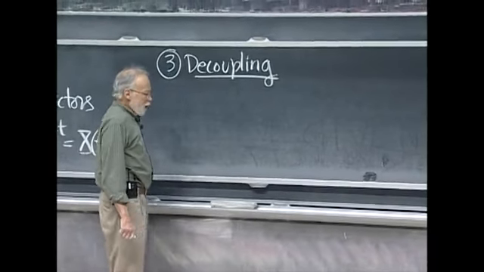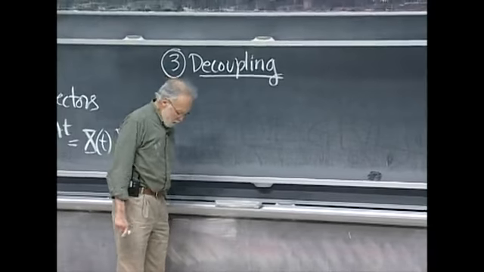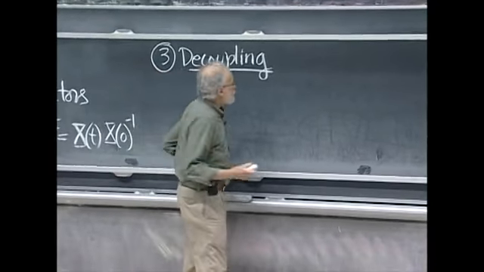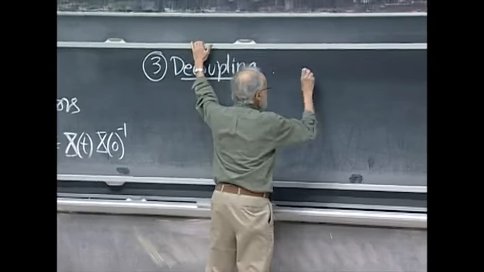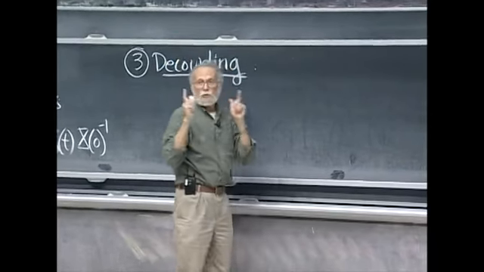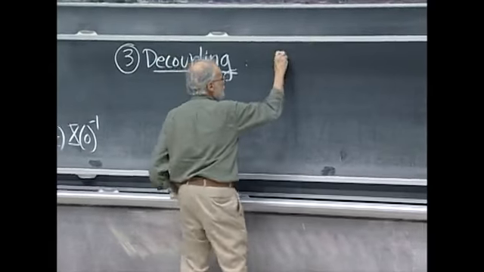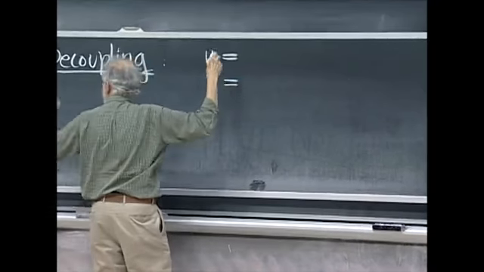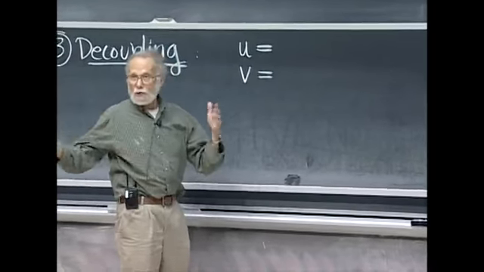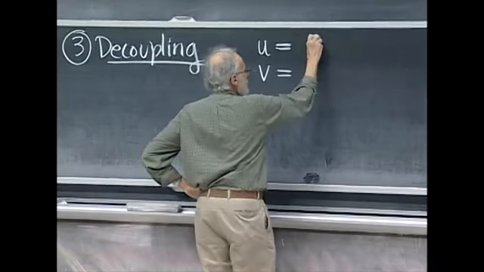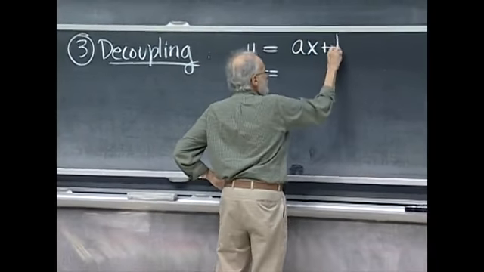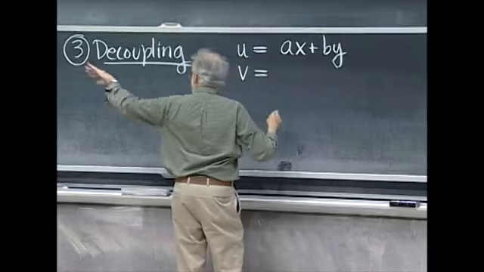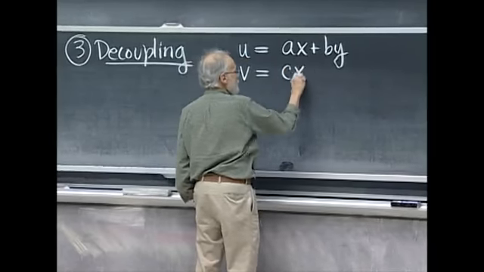Now, in a general way, what you try to do is as follows. You try to introduce new variables. You make a change of variables. I'm going to do it just 2 by 2, just to save a lot of writing out. It's going to be a linear change of variables because we're interested in linear systems.